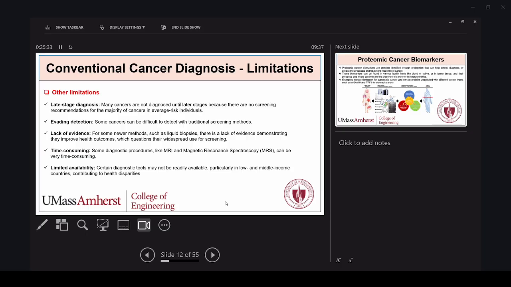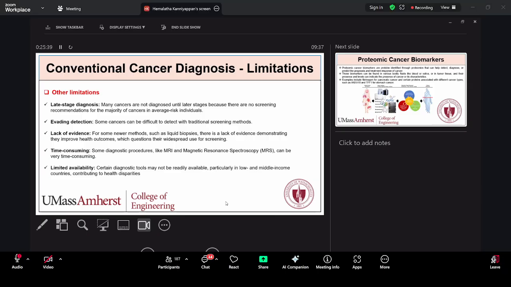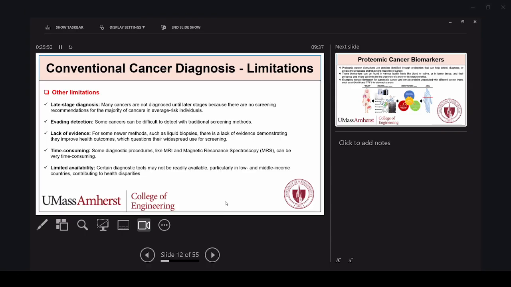So with all these current limitations, it is making us think, hey, we need to develop some method that can overcome all these limitations and provide a better strategy to diagnose or predict cancer at its early stage, or for recurrence, or for the treatment, right?